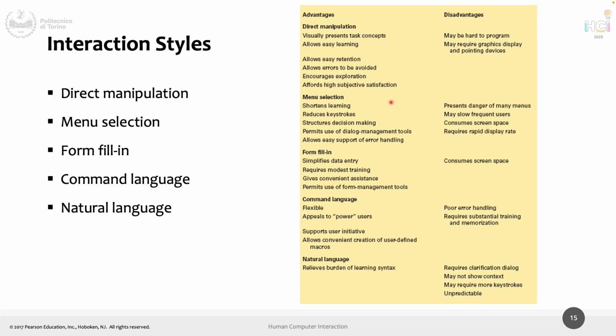And then natural language is easy, because ideally you can speak, but you don't have context, you don't know what to say, so you need to learn what to say, etc. And we also have seen some problems with Google Home a couple of weeks ago in Hall of Fame, Hall of Shame.